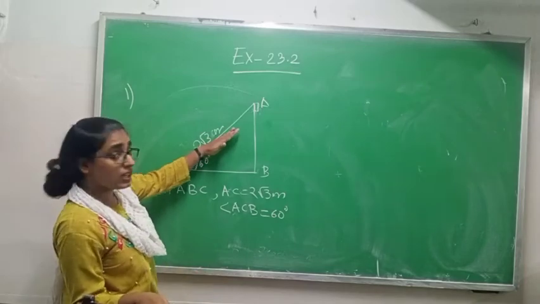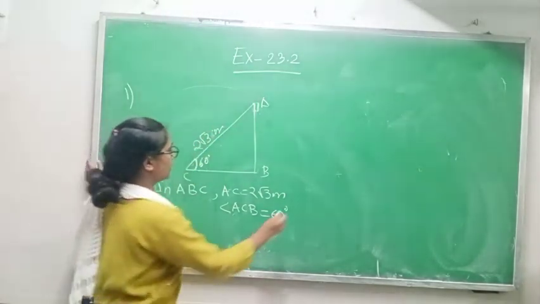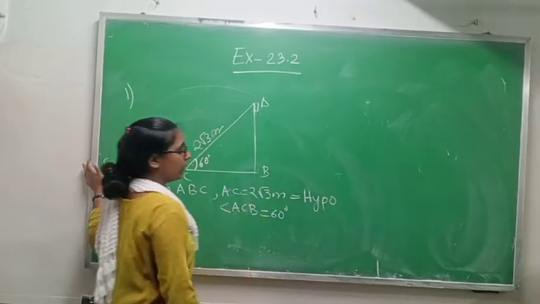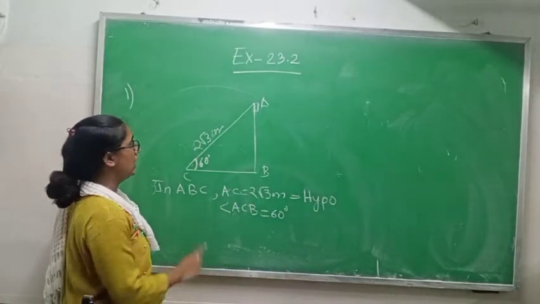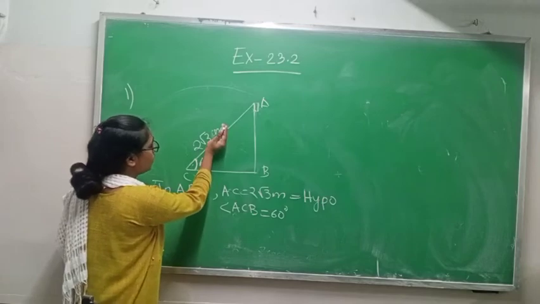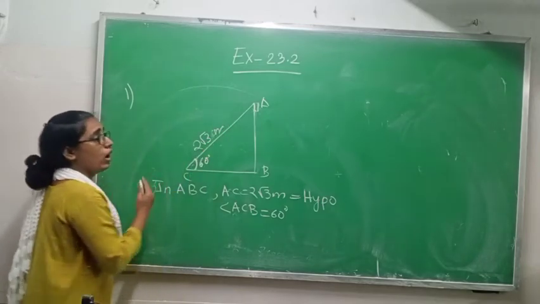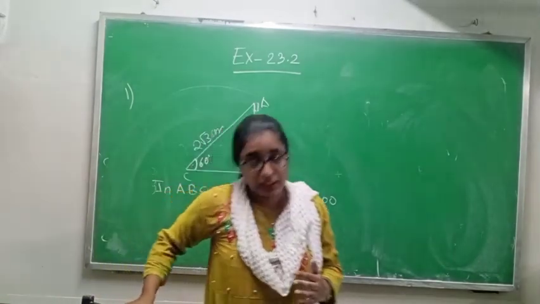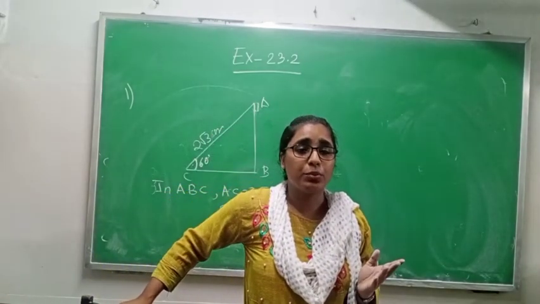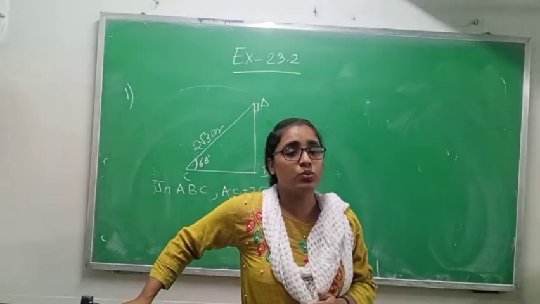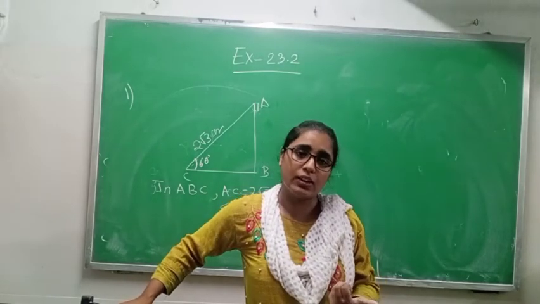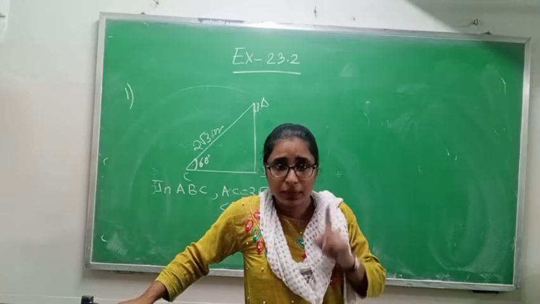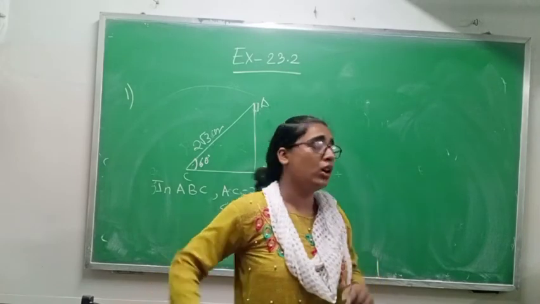Now this is nothing but the hypotenuse. If the hypotenuse and one angle are given, please remember the relation between hypotenuse and perpendicular. You can use sine as well as cos, because sine theta equals p by h and cos theta equals b by h.